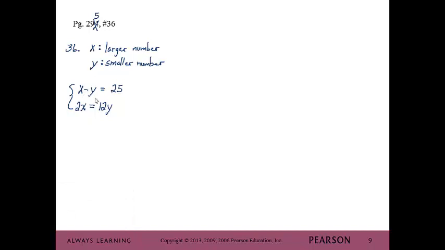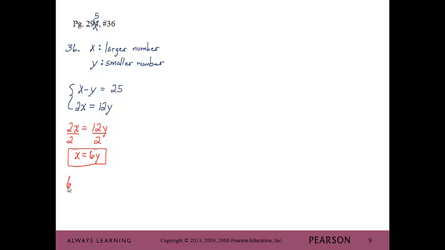Now, of course, it doesn't matter which equation you solve for which variable. So for this time, I'm actually going to choose the second equation. I'm going to solve it for x. So I have 2x equals 12y. To solve for x, I'm going to divide both sides by 2. And we get x equals 6y. Now you're going to take this and plug it into the first equation everywhere you see an x.